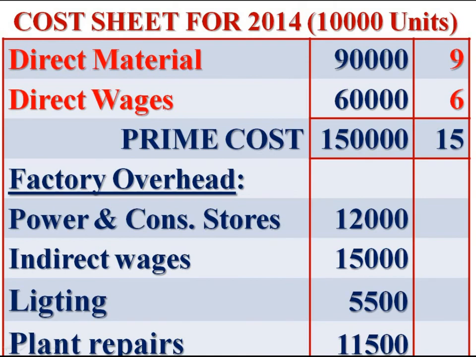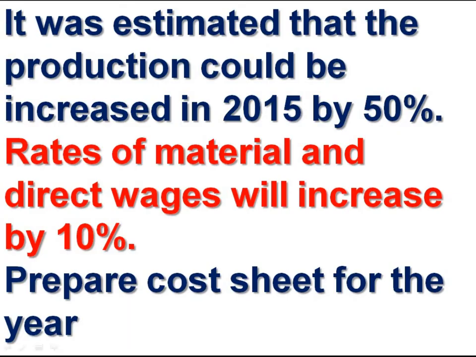In the cost sheet of 2014, we can see direct material rupees 9 per unit, direct wages rupees 6 per unit. And in the question it is given that rates of material and direct wages will increase by 10%. Cost of material and direct wages in 2015 will increase by 10%.